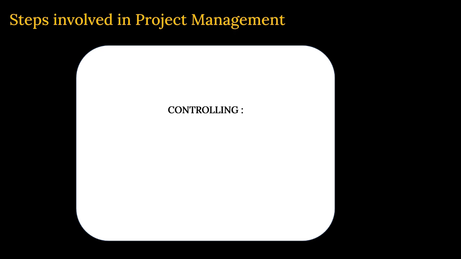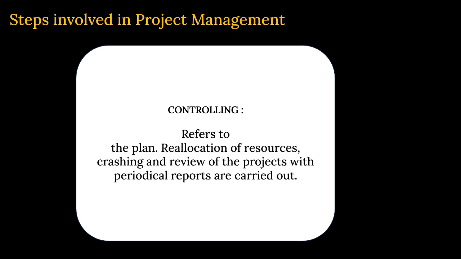And finally, the controlling, which refers to the plan, reallocation of resources, crashing and review of the projects with periodical reports are carried out. Crashing means what? Suppose a project is going to be completed in 15 days. Now, what will be your objective?